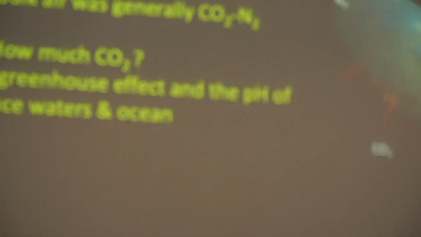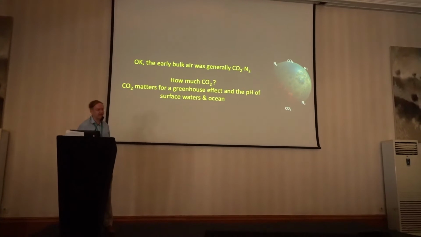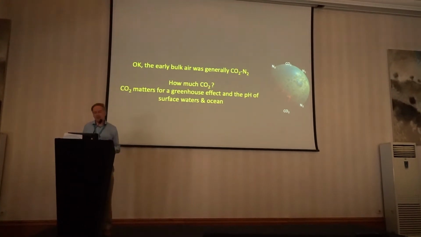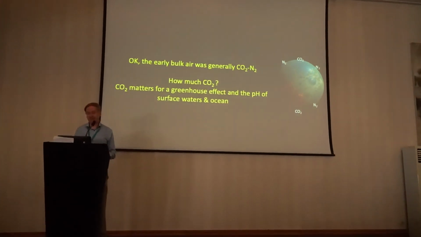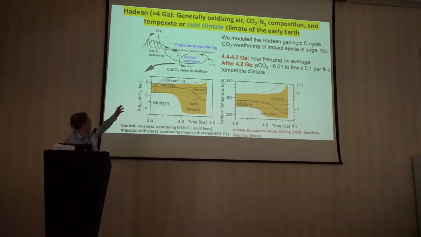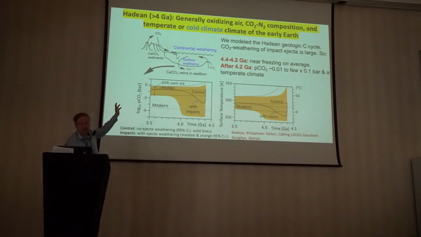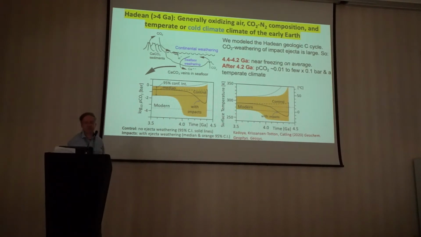Most people accept, I do, that for most of the time, the early atmosphere probably was rich in nitrogen and CO2, the oxidized gases. We can ask the question how much CO2 was around, because that was important for the greenhouse effect and the pH of the early ocean. And the way we can address that is with models of the carbon cycle. Basically, CO2 comes out of volcanoes, it dissolves in water to make a weak acid, carbonic acid.